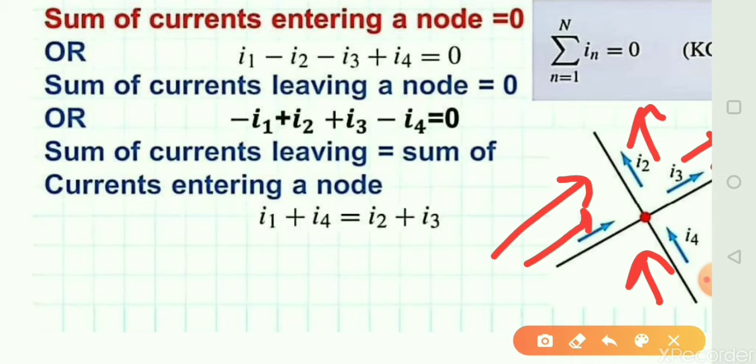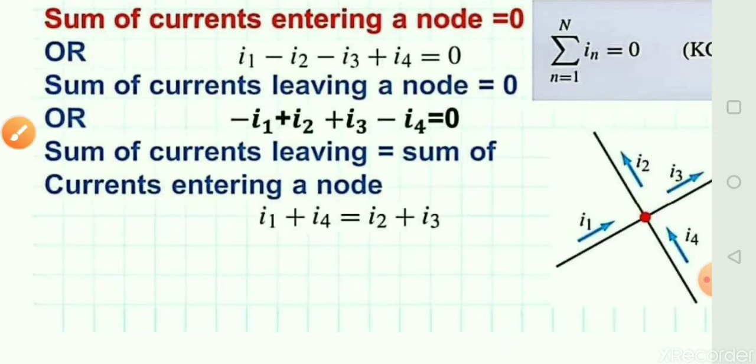So here we use the following sign convention: whenever the current is entering the node, we consider it as positive current. It means plus I1 and I4. And we consider it negative current if it is leaving the node. It means here the leaving currents are I2 and I3.